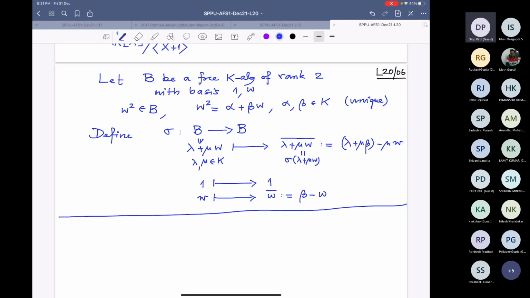Where does this expression come from? That is called the conjugation. So when you specialize to complex numbers, when I take i, then beta is 0. For the complex conjugation case, what is i square? i square is minus 1.